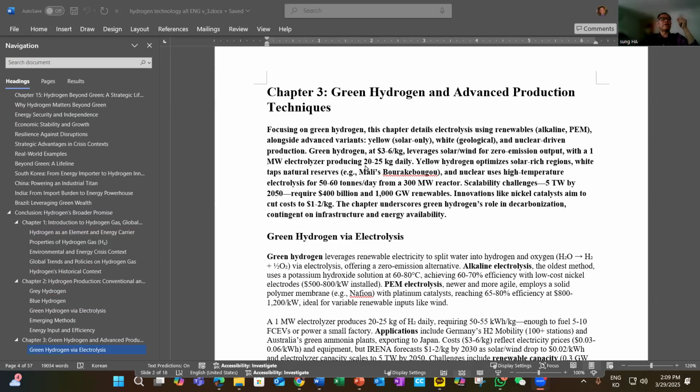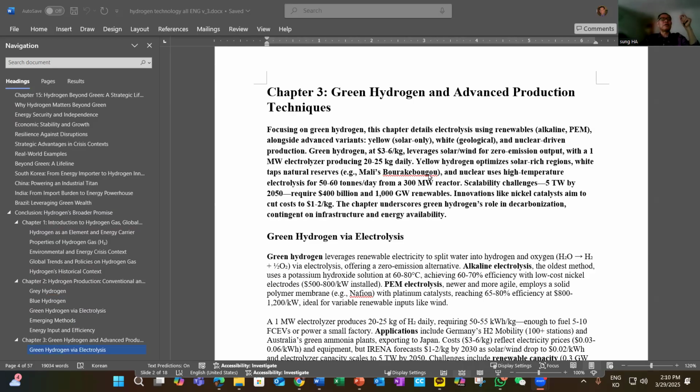I would say 4 Nexos can be fully charged daily with a 1 megawatt electrolyzer. In other words, a 1 megawatt electrolyzer can produce 20 to 24 kilos of hydrogen daily.